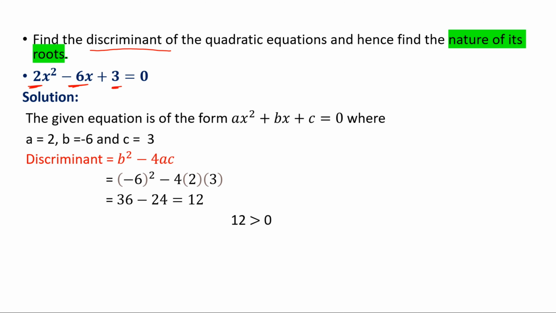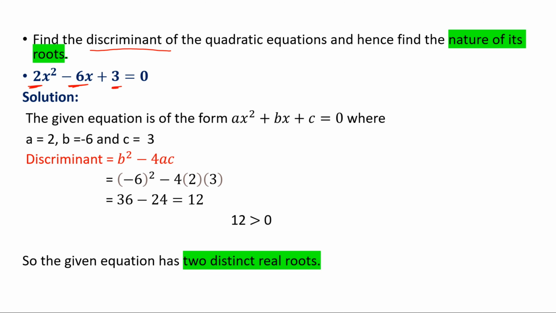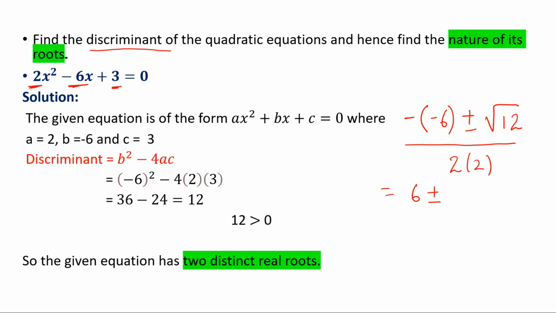12 is greater than 0, so the given equation has two distinct real roots and we can easily find the roots using the quadratic formula, which is minus b, so minus b here is minus minus 6, plus or minus square root of the discriminant, which is 12, over 2a, and a is 2. Now if I solve this, we get 6 plus or minus, and 12 can be written as 2 times 3 times 2, 3 2s are 6, 6 2s are 12.